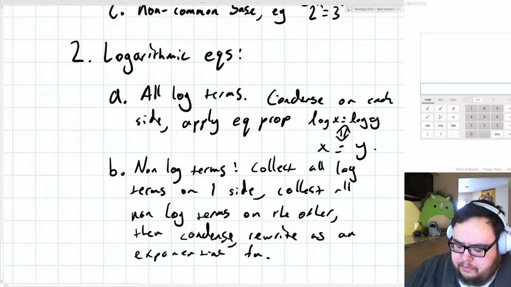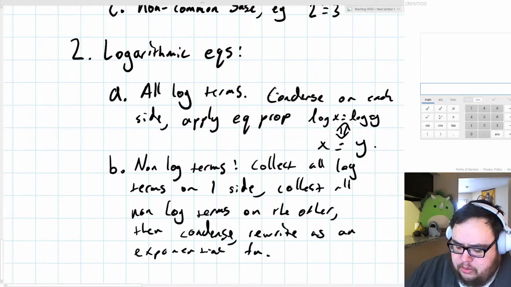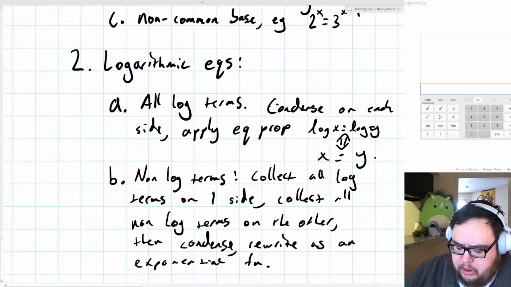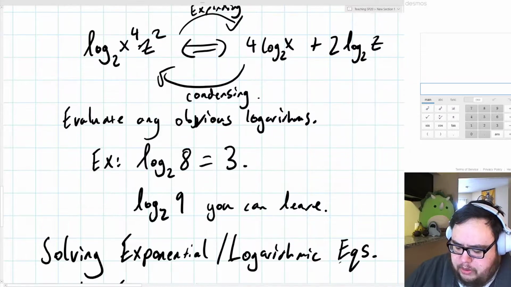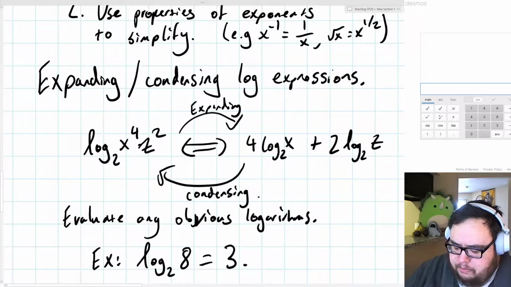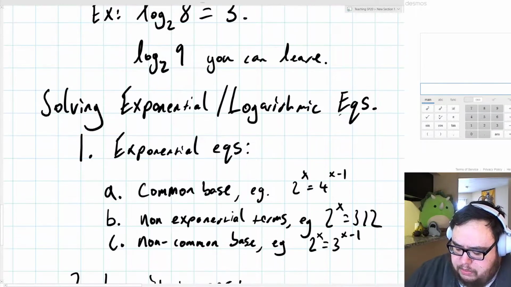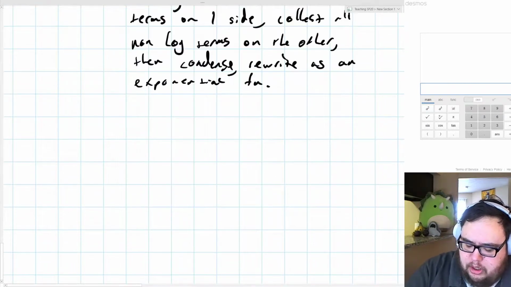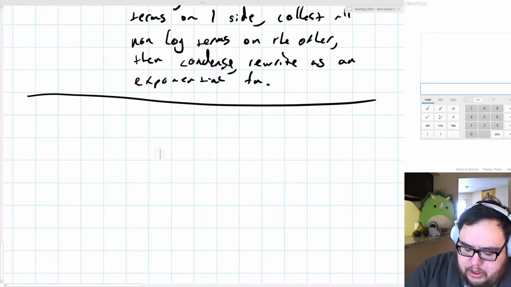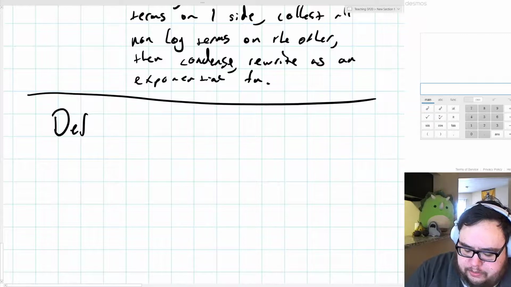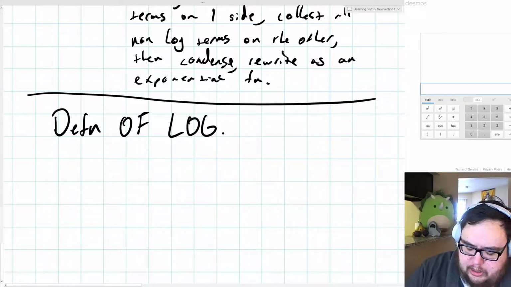Actually, something I should have mentioned explicitly at some point, probably when we first talked about log expressions. Let's just write this down in big font here. Remember that the definition of the logarithm is that, so there's two of them.